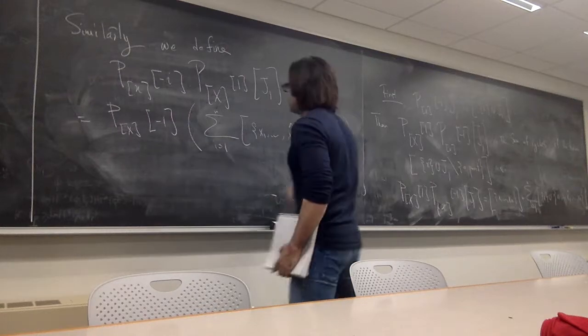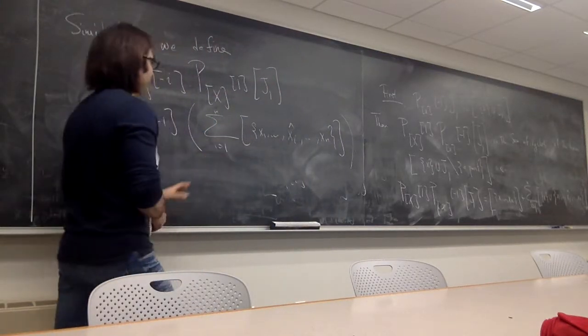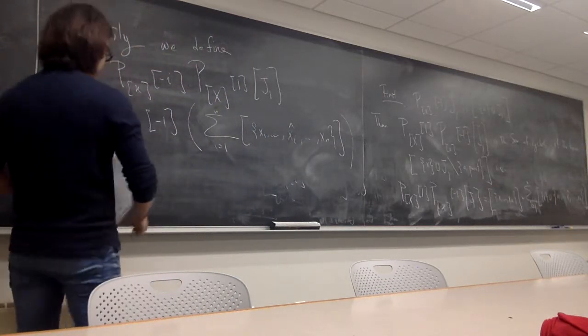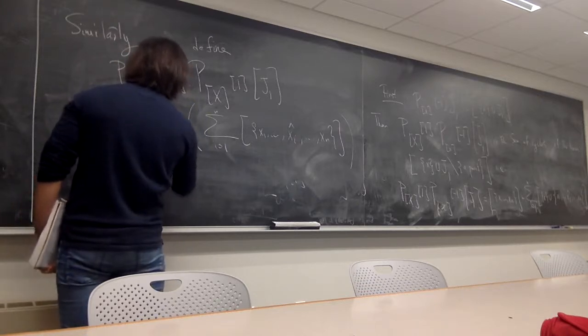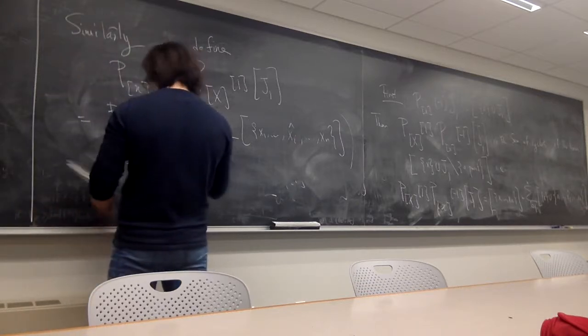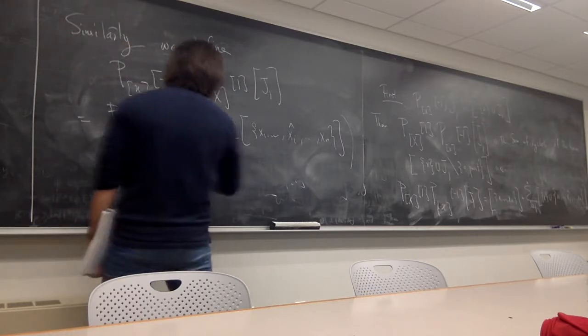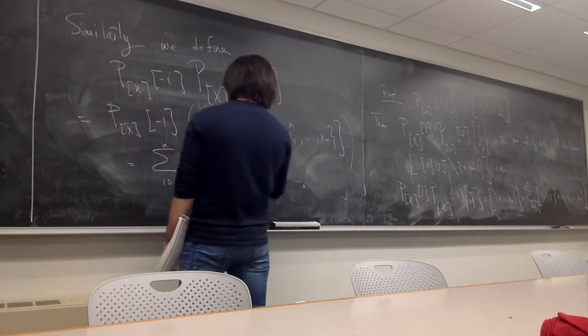If you actually do the calculation, since these points are distinct from the point x, this just becomes a sum over i from 1 to n of the cycle corresponding to x, which is a distinct point, union this set.